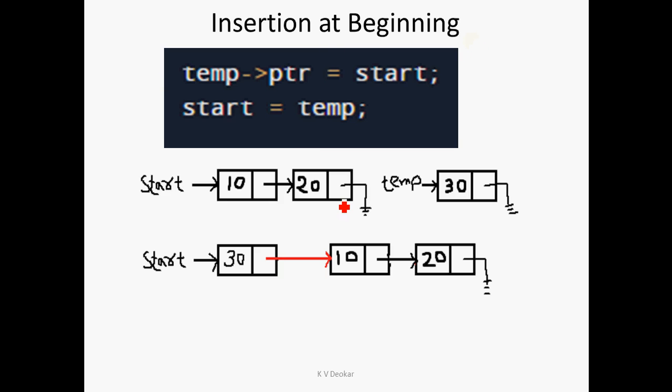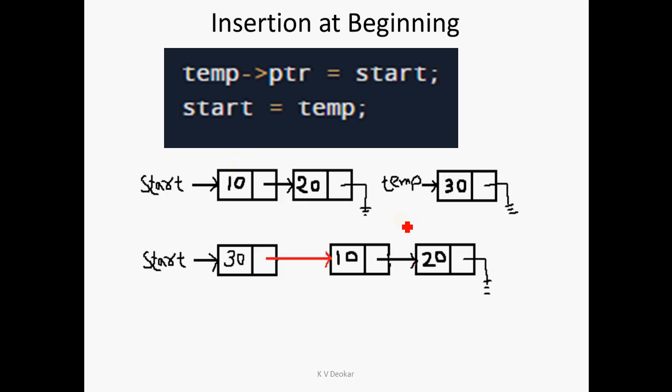The advantage of linked list is that insertion and deletion operations are easy and efficient. How are they efficient? Because changing one or two pointers here and there will make the list change according to the pointers. In deletion also, we'll change some pointers here and there and remove a list node from a list.